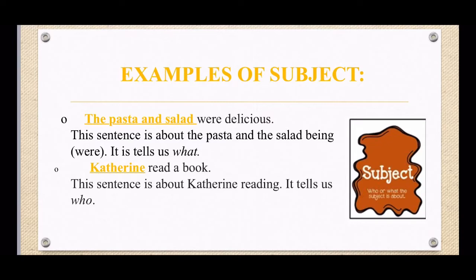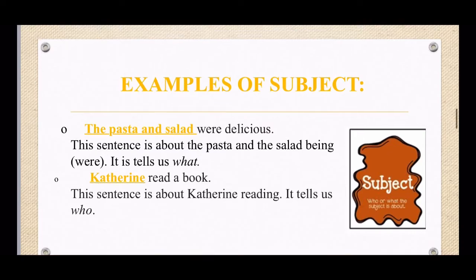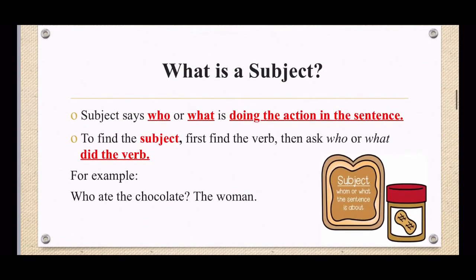The next sentence, Catherine read a book. So this sentence is about Catherine reading. And it tells us who, right? So remember, a subject tells us who or what in the sentence, right? Let's just go over that again. A subject says who or what is doing the action in the sentence.